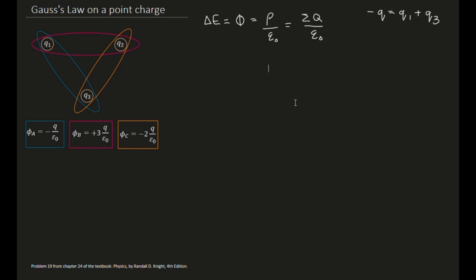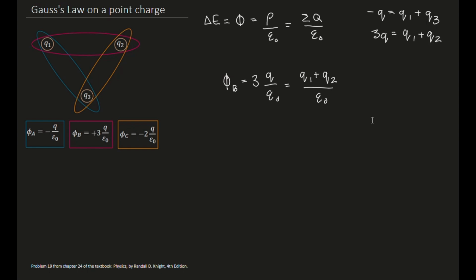Now I'll get my second equation using the Gaussian surface of B. The flux is a positive 3Q over epsilon naught, equal to the sum of the charges in B, which is Q1 plus Q2 over epsilon naught. So I get 3Q equals Q1 plus Q2 as my second equation.